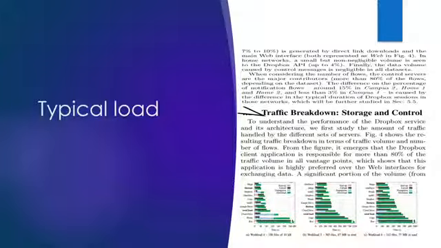From the figure, it emerged that the Dropbox client application is responsible for more than 80% of the traffic volume in all vantage points, which shows that this application is highly preferred over the web interface for exchanging data.